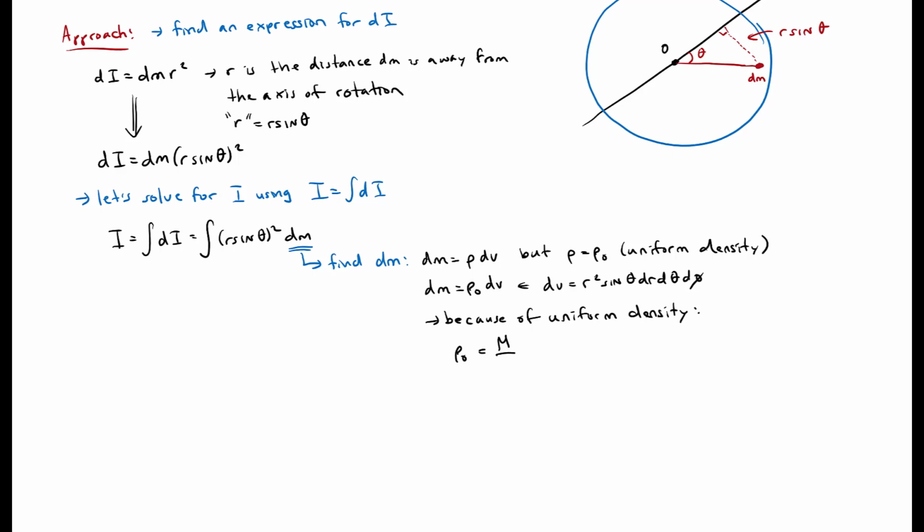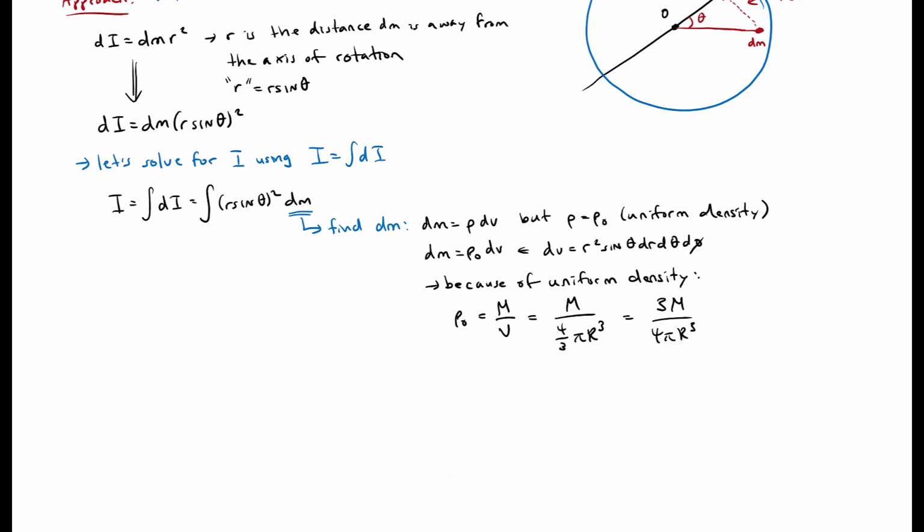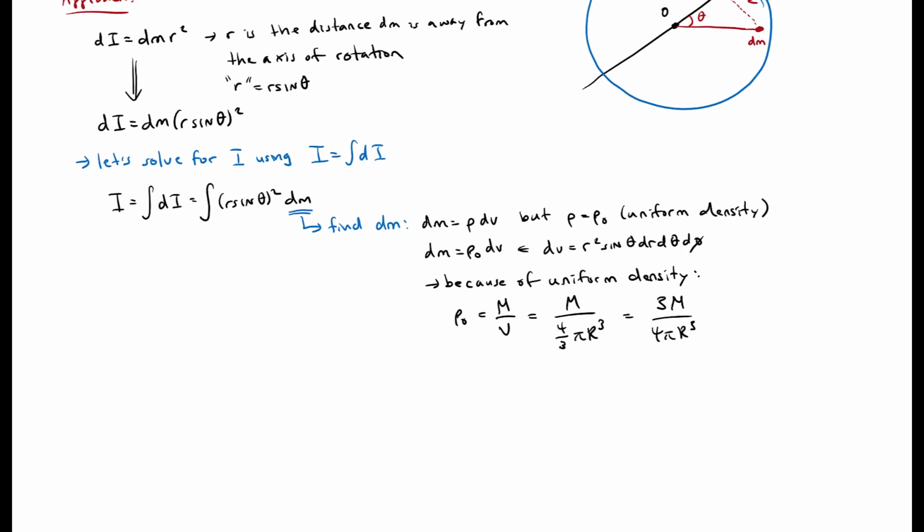So the total mass divided by the total volume of the sphere is going to give us our density. So total mass divided by volume of a sphere, 4/3 pi capital R cubed, which is equal to 3m/4 pi capital R cubed. So now we have a whole bunch of additional information that we can add to this.